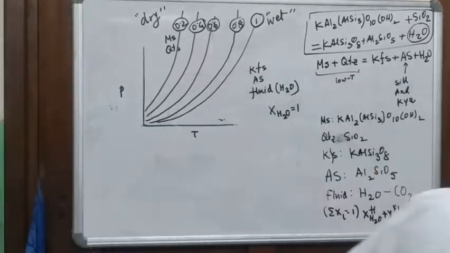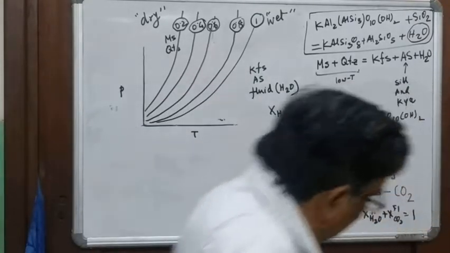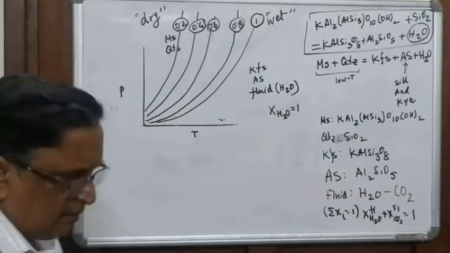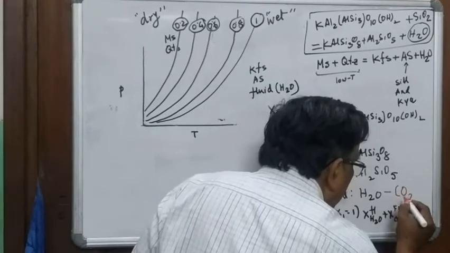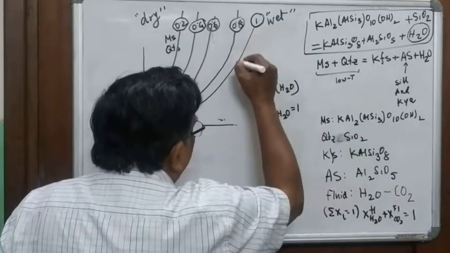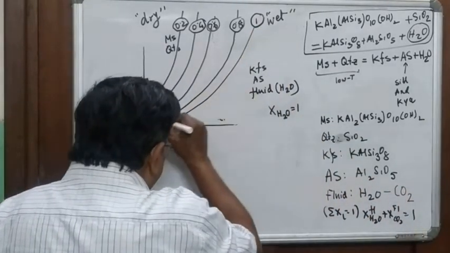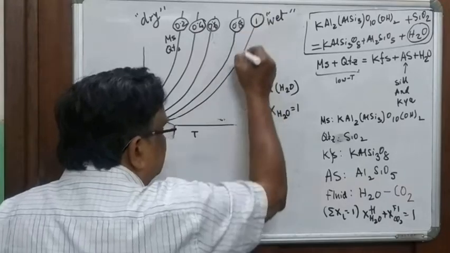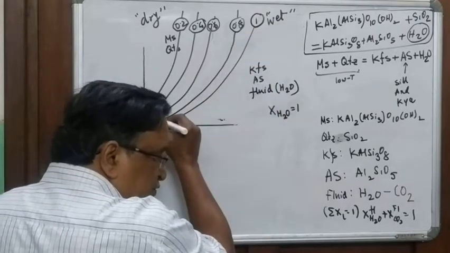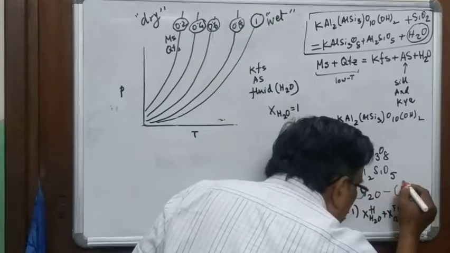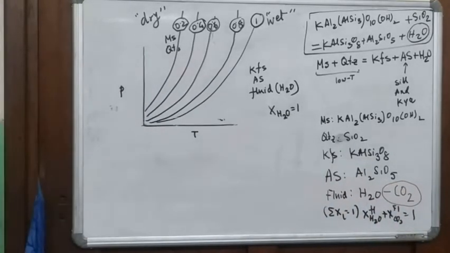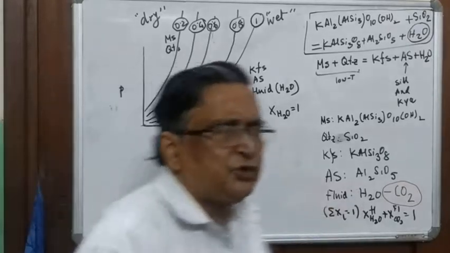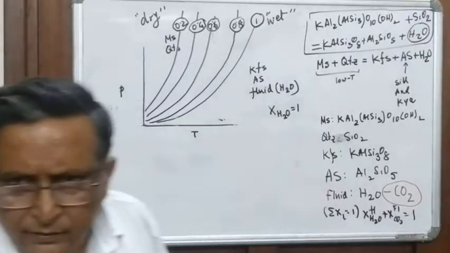Now, I take this, I will first assume this graph. That means XH2O is equal to 1. Have you understood? That means for the moment I am ignoring this, because XH2O is equal to 1, CO2 has no role to play.